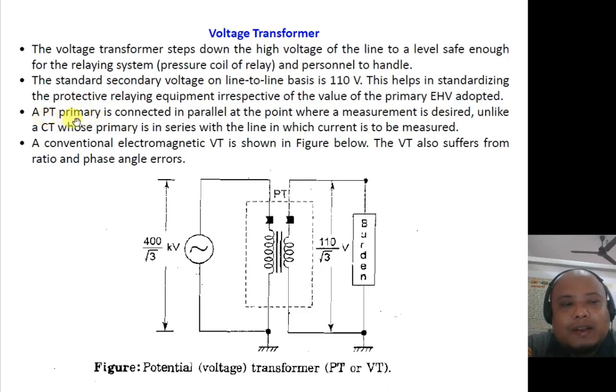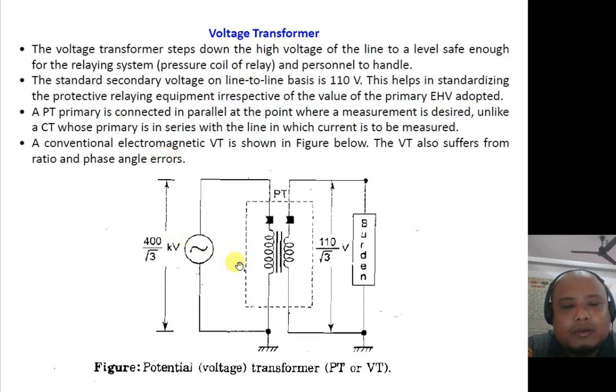A PT primary is connected in parallel at the point where measurement or relaying is desired. Unlike a CT, whose primary is in series with the line, the PT is connected across the line. VT also suffers from ratio and phase angle error.